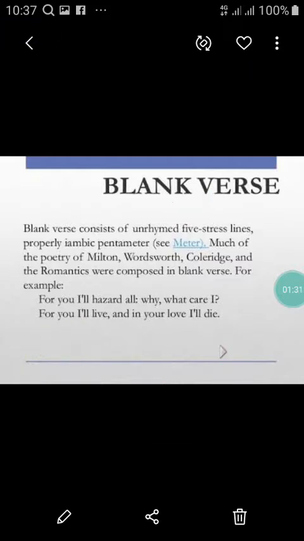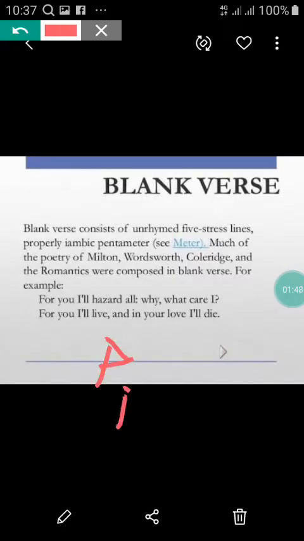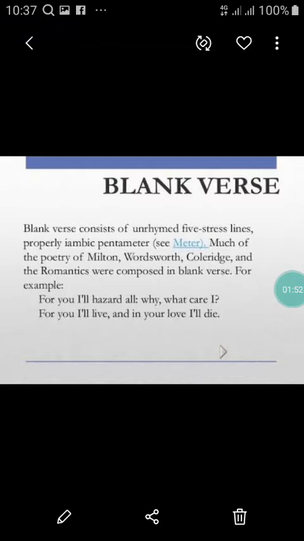So let's see the definition. Blank verse consists of unrhymed five-stress lines, properly iambic pentameter. So it follows the definite meters, but it is unrhymed. Rhymed means we have a rhyming scheme like A B A B. So there is a certain procedure to write poetry, especially a sonnet.